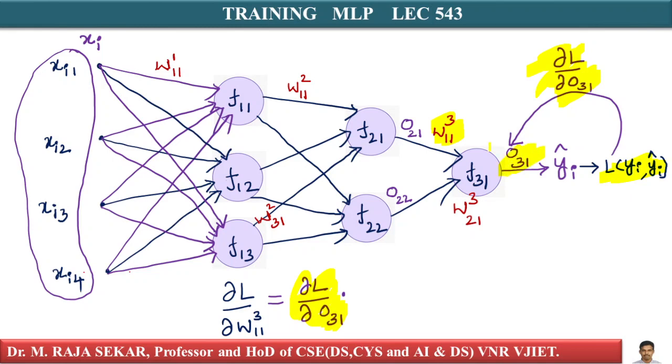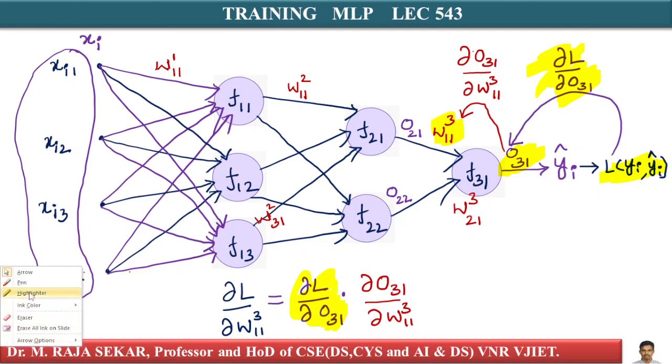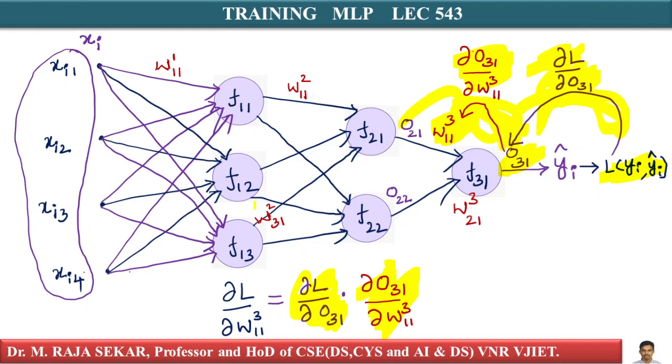Yes, I can write it as dou L by dou W311 equal to dou L by dou O31 into dou O31 by dou W311. What is this particular part? Just let me show it. This one and this one, isn't it? This O31 and W311, this portion. Earlier this is the first one, this is the second one.